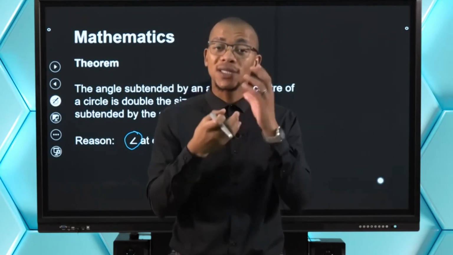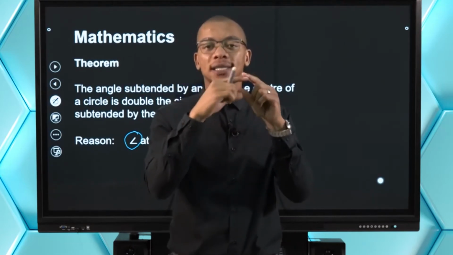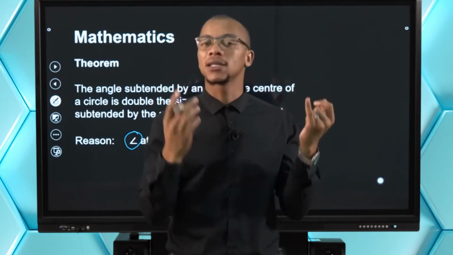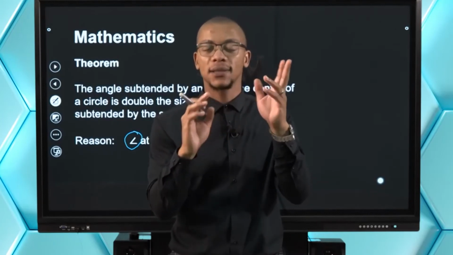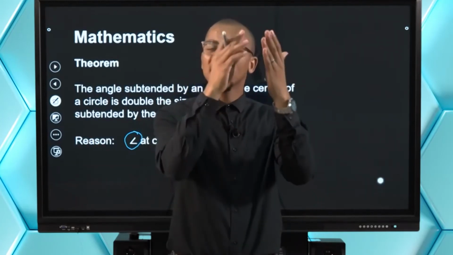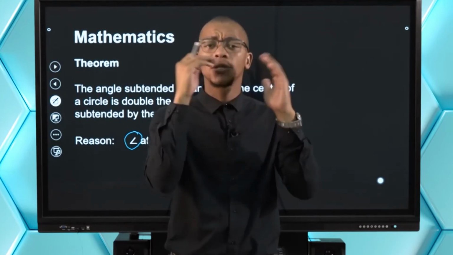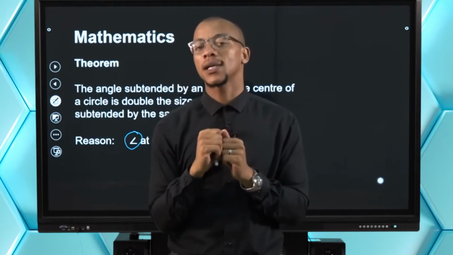Instead, you use that theorem as a statement, because you know that one, there's a center, and two, the angle at that center is subtended by the same arc as the angle at the circumference, then there will be a 2:1 relationship. So at times I will give you one angle at the center and ask you to find the one at the circumference.